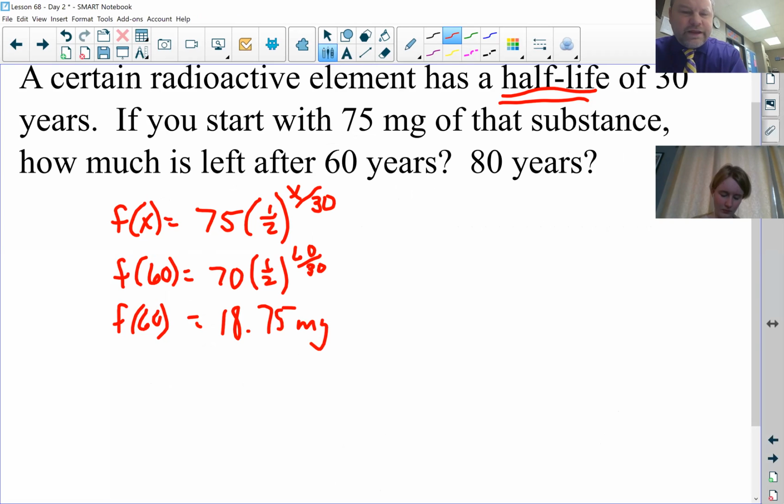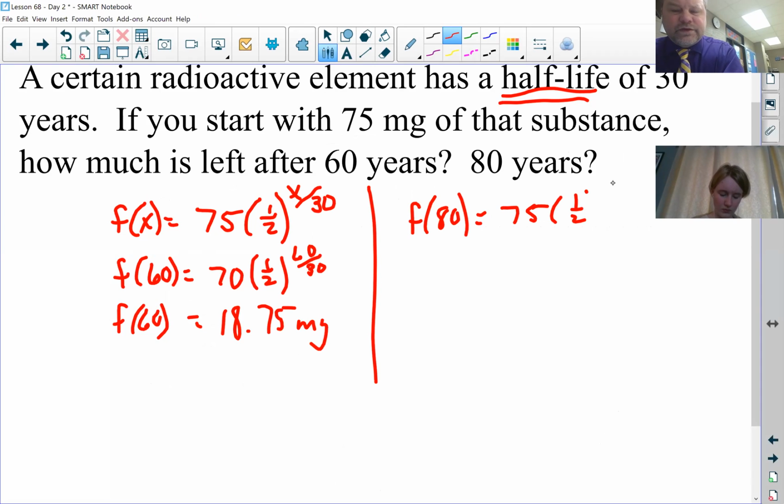And then for 80 years, now here, the calculator again is going to be almost necessary. Because I would not expect you to be able to calculate 1/2 to the power of 80 divided by 30.